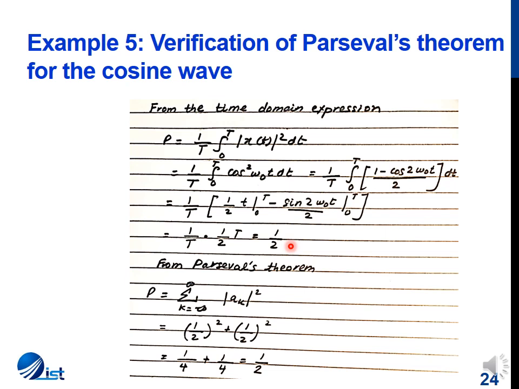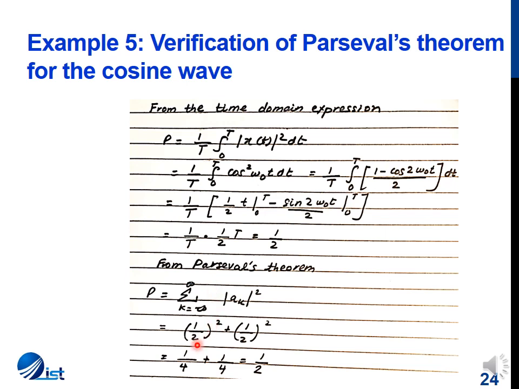When we apply Parseval's theorem and determine power from the frequency domain representation, we have the formula: power is equal to the summation of the magnitude of ak squared from k equals minus infinity to plus infinity. We know that for a cosine wave, we only get two components ak, which are at plus 1 and minus 1, and the value of those components is 1 by 2.